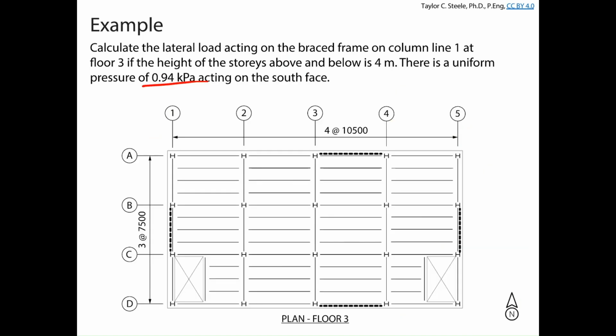Okay, so we want the uniformly distributed load acting on that floor from a pressure of 0.94 kPa acting here. And so if we were to draw that floor system, maybe something like this, we would say that the tributary height or width for that strip is 4 meters plus 4 meters over 2, which is 4 meters.